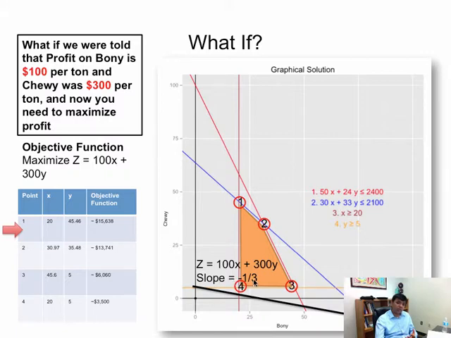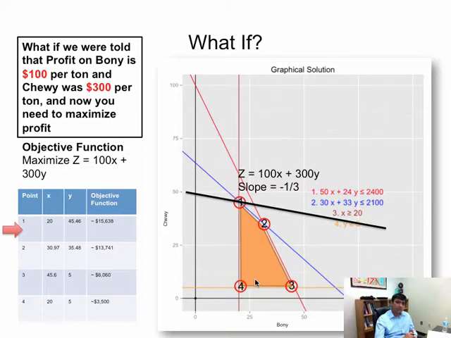The slope is -1/3, and in this case the objective function line finds the corner point feasible solution as point number 1. Again, logically, it makes sense that type Y gives us more profit, so we should be making more of Y, and X is at the minimum amount that we have to produce.